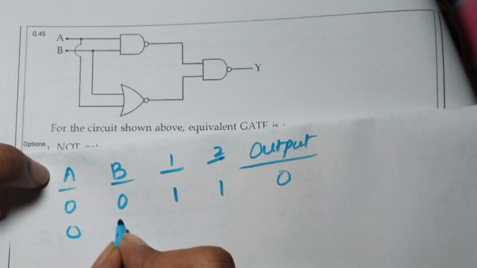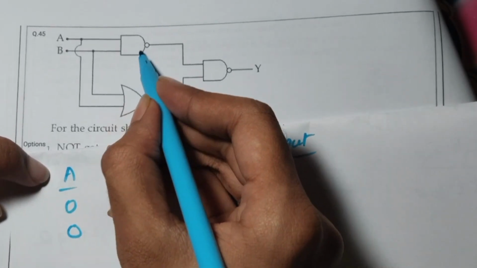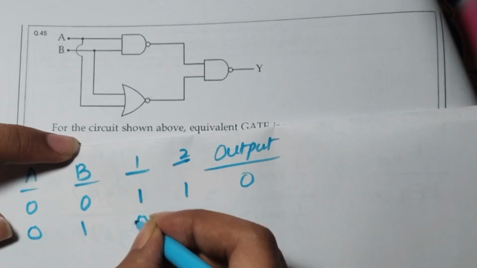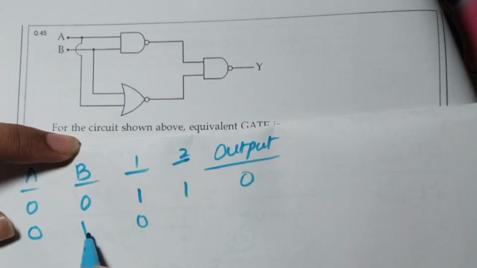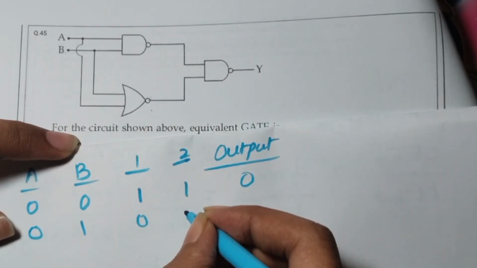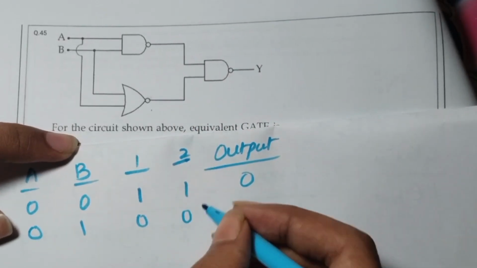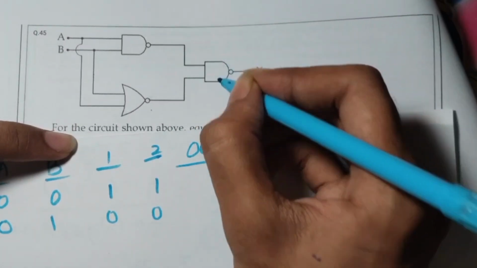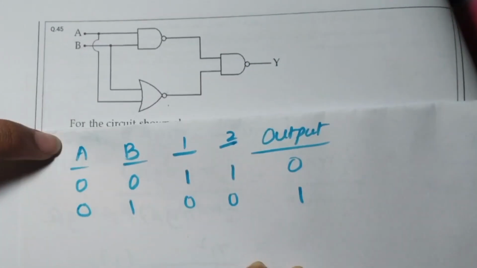Next 0 and 1. 0 and 1 for NAND gate will give 1. Here OR of 0 and 1 should give 1, but this is NOR, so it will give 0 again. Again 0 and 1 gives 1 for NAND.